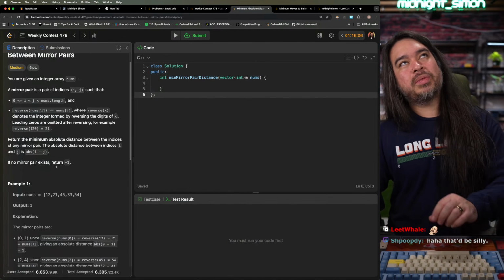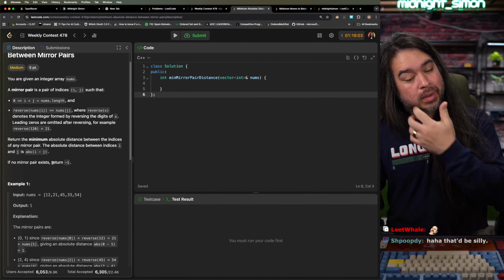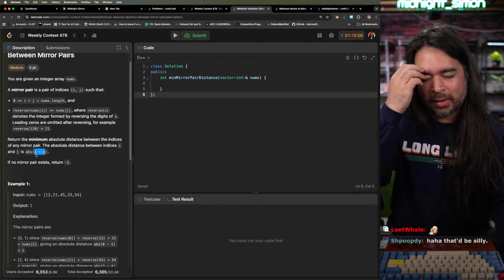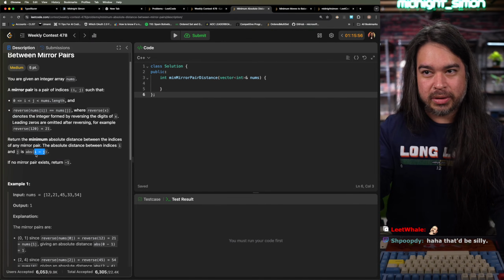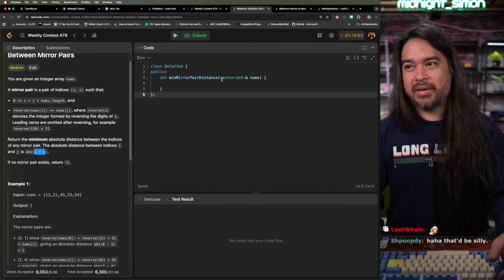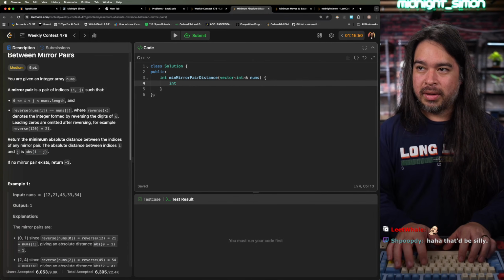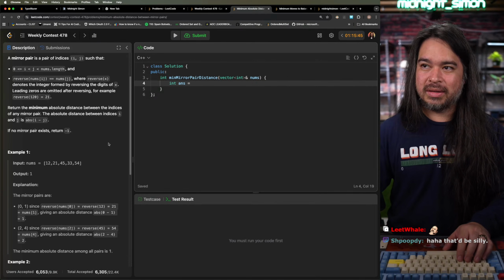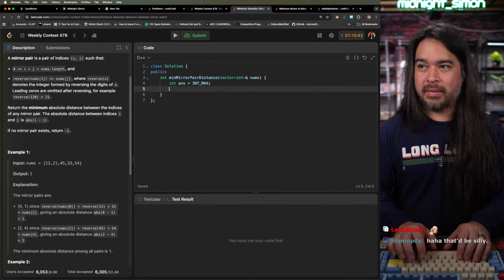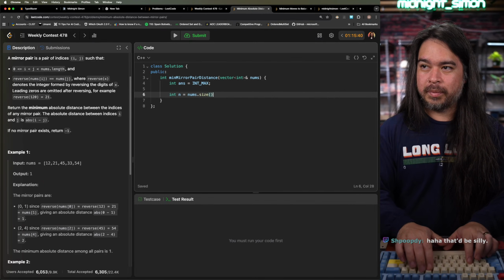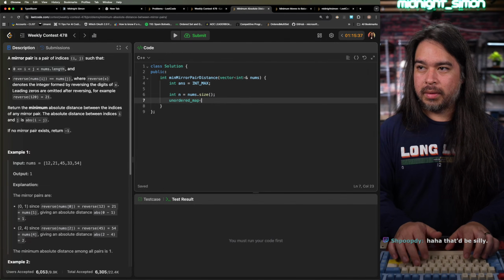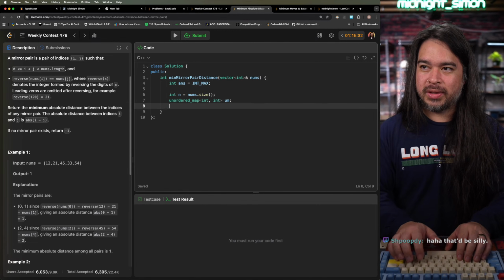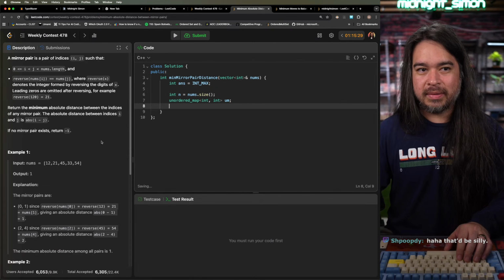Is this a two-sum problem where we just remember the most recent thing, and as we're iterating through we reverse the number and look for that? I think this is a two-sum. So they want the minimum distance, and then I'll put an integer to integer map, and this will map an integer to the last position that we saw it at.